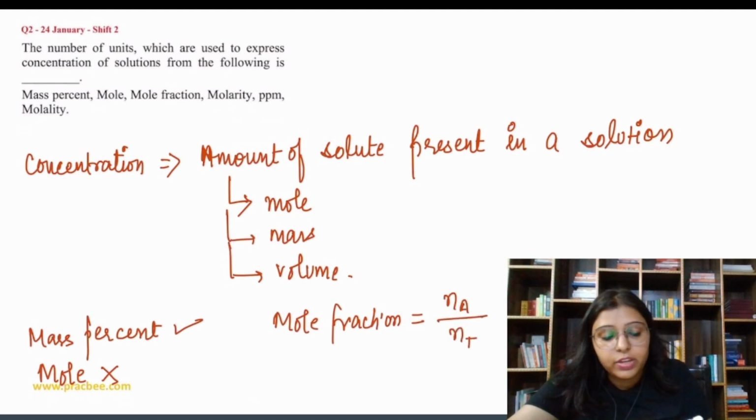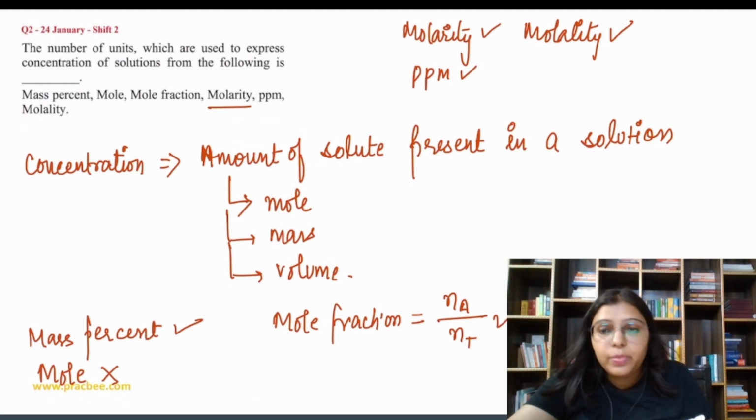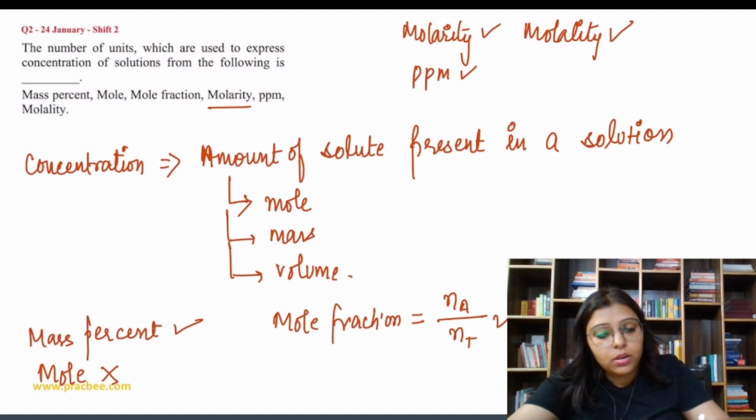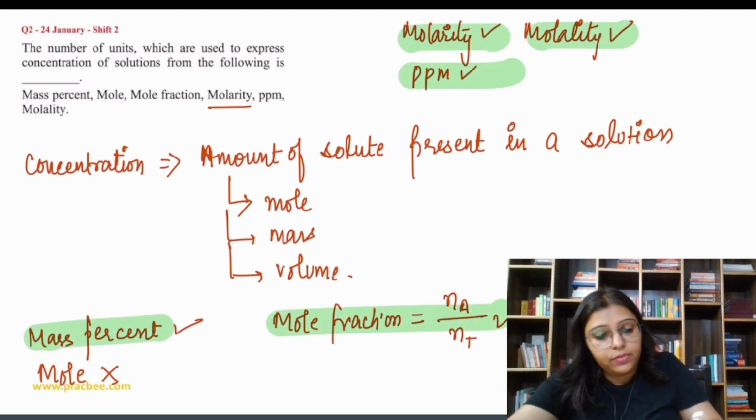Molarity, yes. ppm, yes. Molality, yes. So out of all, how many concentration terms? Total 1, 2, 3, 4, 5. So the answer is going to be 5.